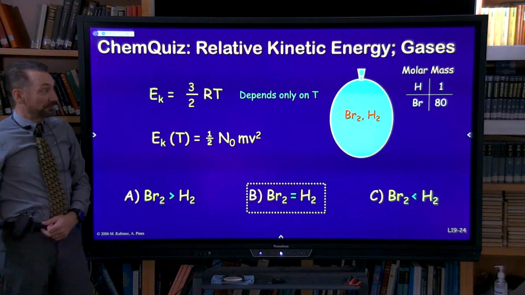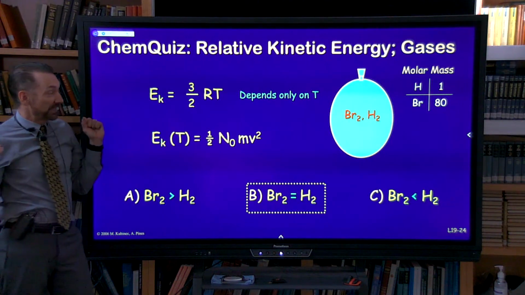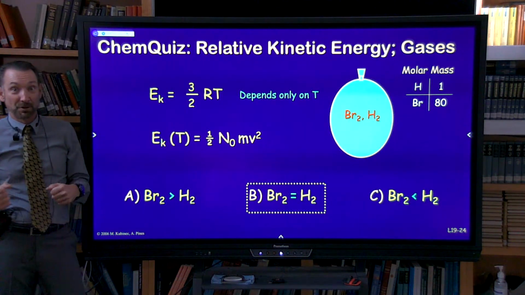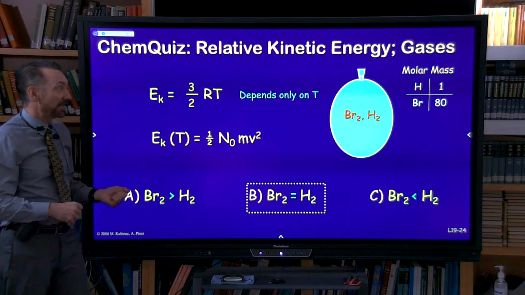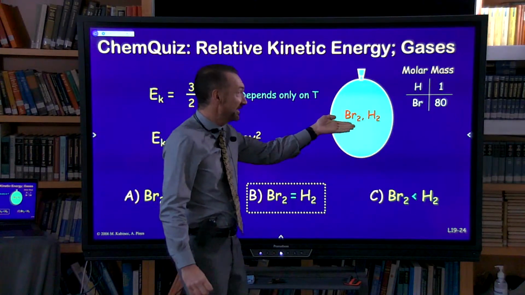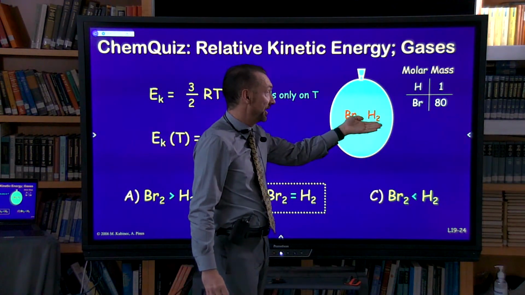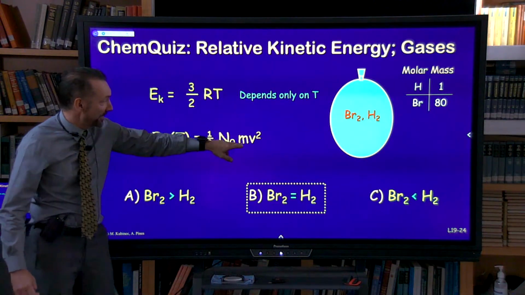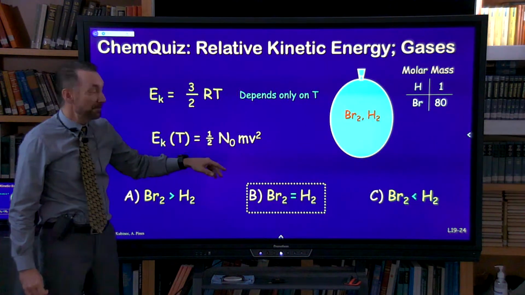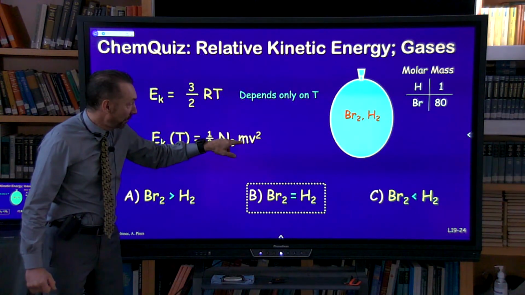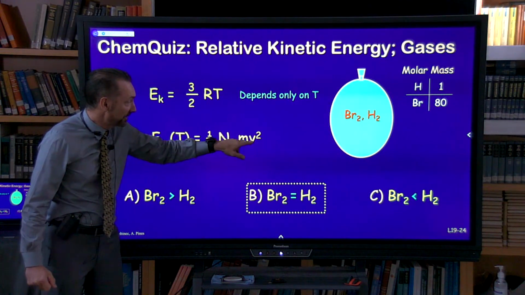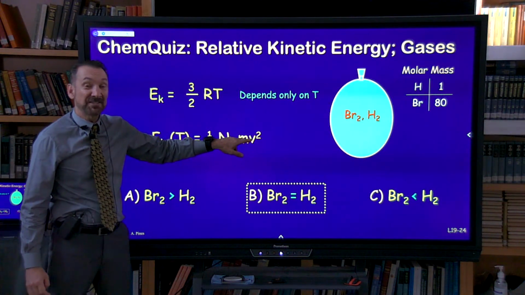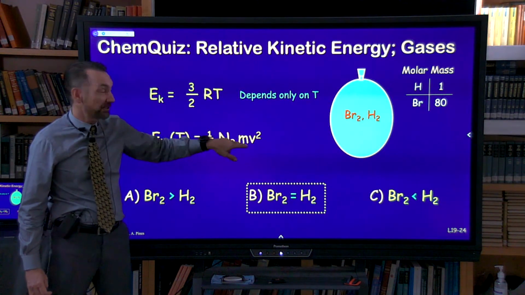So that begs the question, well, if the kinetic energies are the same for the bromine and the hydrogen, the bromine is so much more massive than the hydrogen. There's that huge difference. But if these are going to be the same, the mv squared is going to be the same, the very small mass for the hydrogens must mean they are going much faster to get this quantity to be the same.